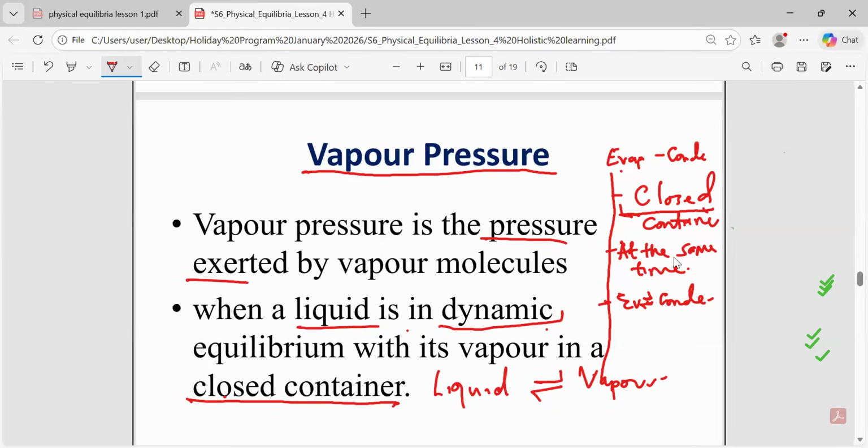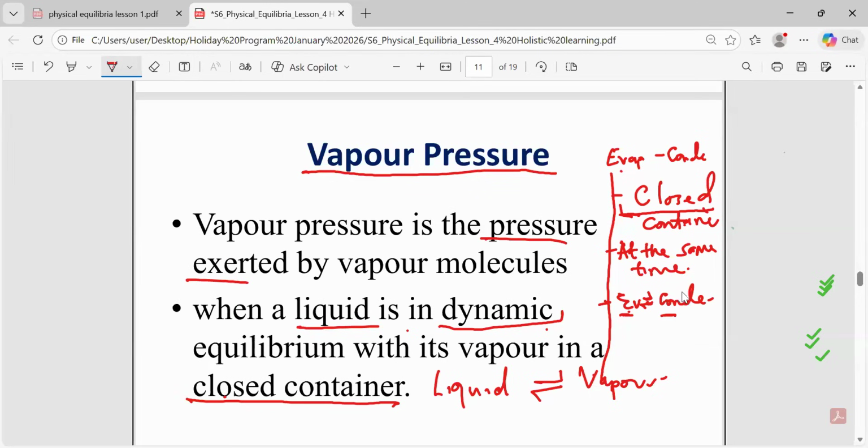And we are putting emphasis on this: when the rate of evaporation is equal to the rate of condensation and dynamic equilibrium is established, that kind of pressure we get is the one we call the vapor pressure of that system. So it is within the closed system, happening at the same time, and dynamic equilibrium is established.